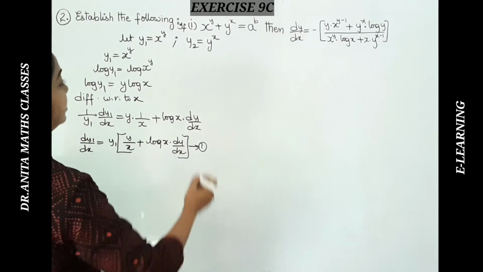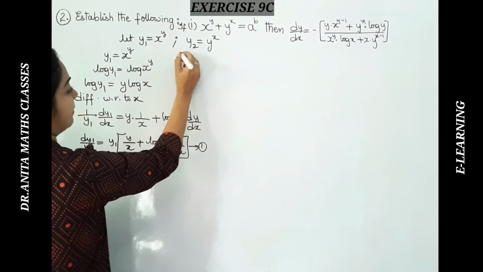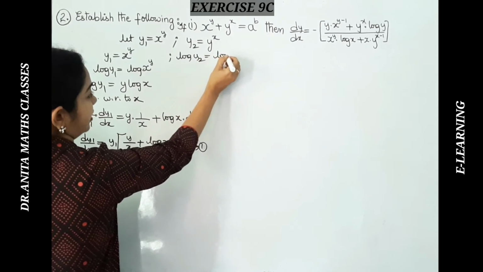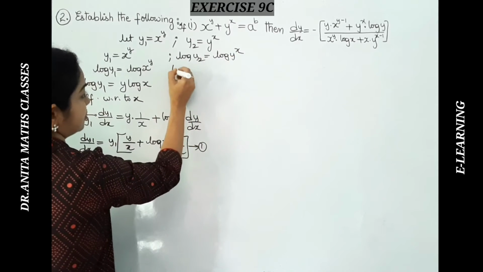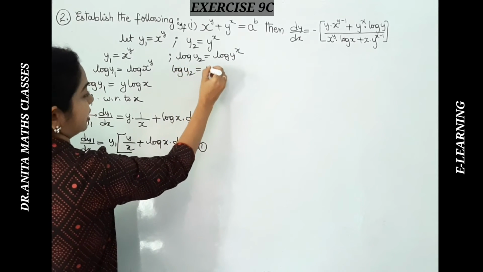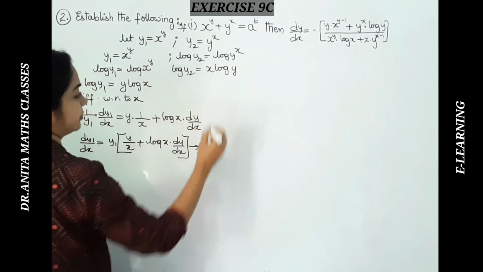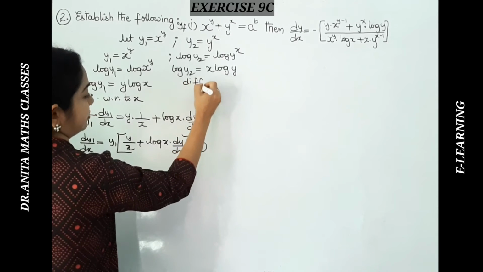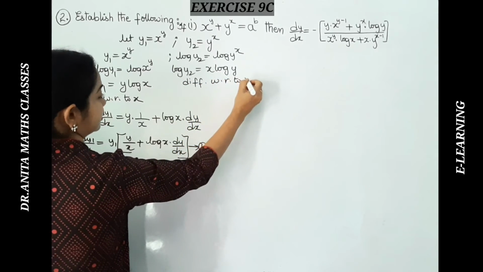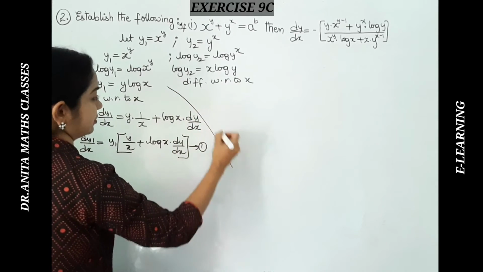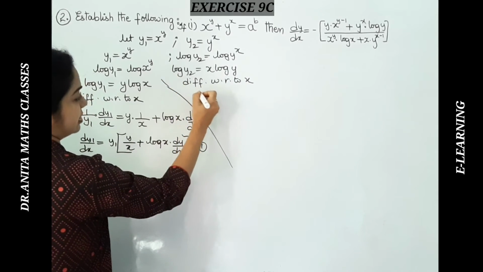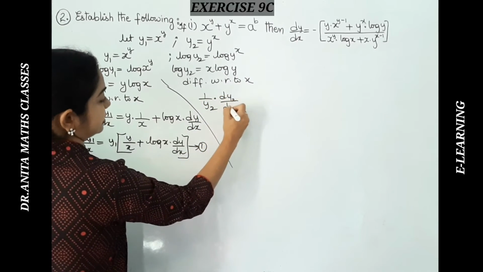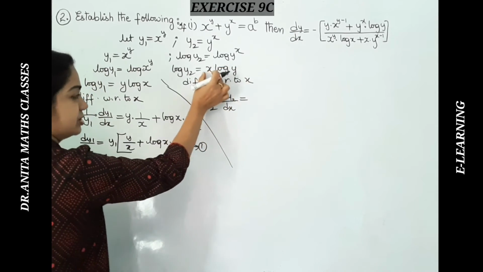Now we will do the y2 function. Applying log both sides, log of y2 is equal to log of y raised to the power of x. This comes to log of y2 equals x log y, and differentiating with respect to x, that comes to 1 by y2 dy2 by dx is equal to, now a uv function, this is u and this is v.